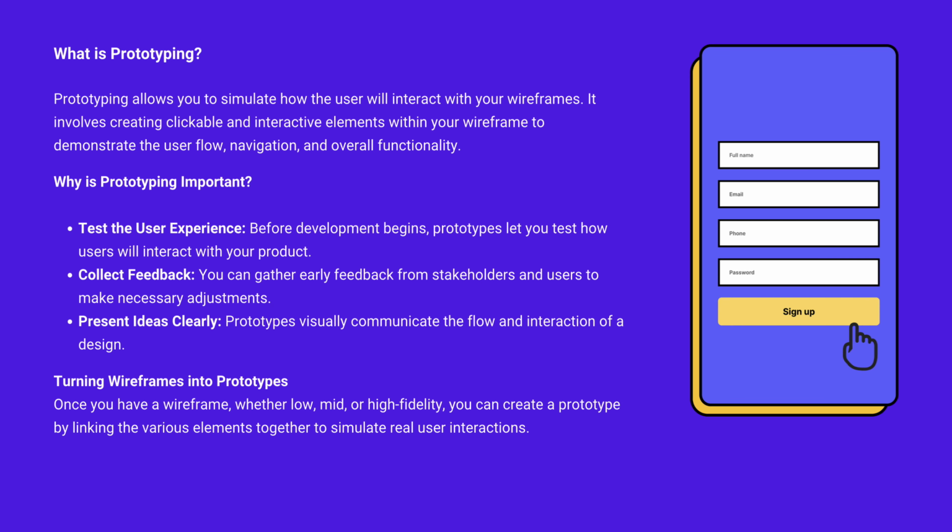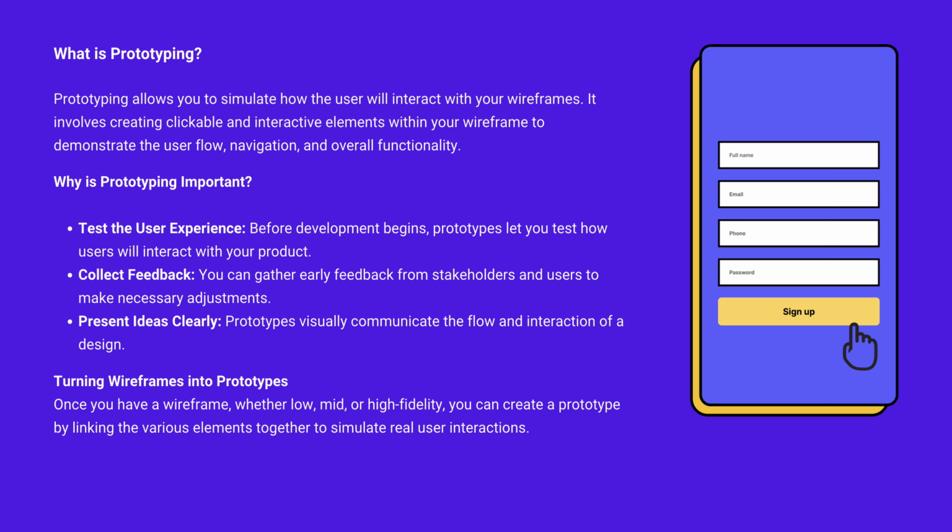In this section, we're going to be covering prototyping. Prototyping allows you to simulate how the user will interact with your wireframes. It involves creating clickable and interactive elements within your wireframe to demonstrate the user flow, navigation, and the overall functionality of a particular digital product. Why is prototyping so important?